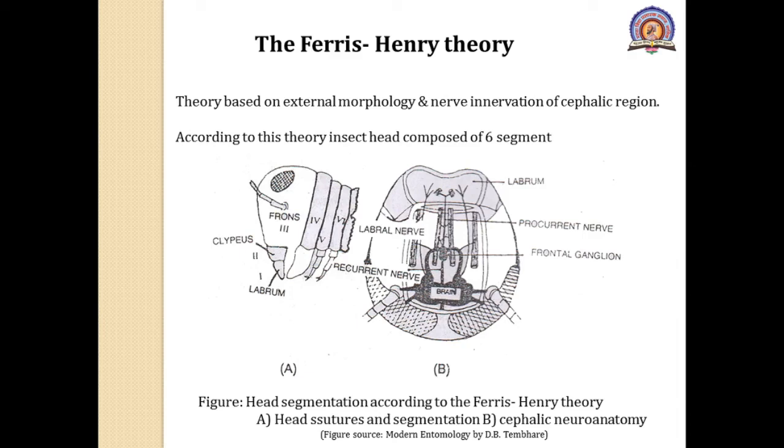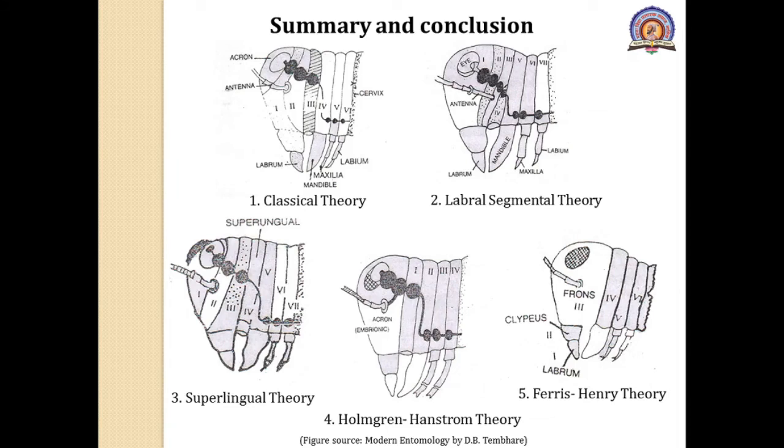So this is about the Ferris-Henry theory. According to this also, it consists of a total of 6 segments. So let's see a summary of all the 5 theories. The first theory we have seen is the classical theory.